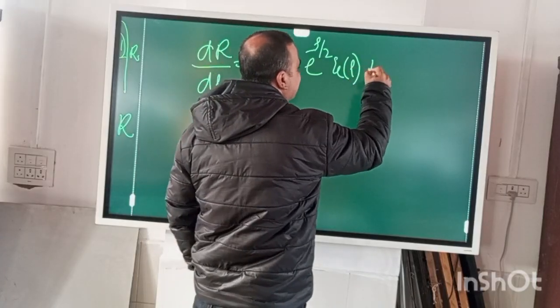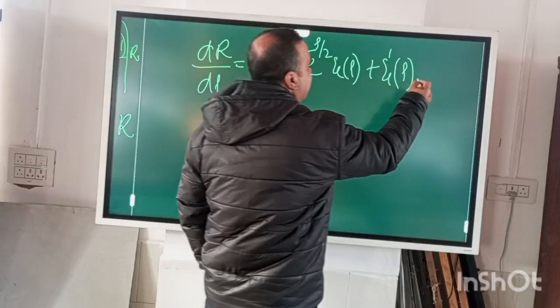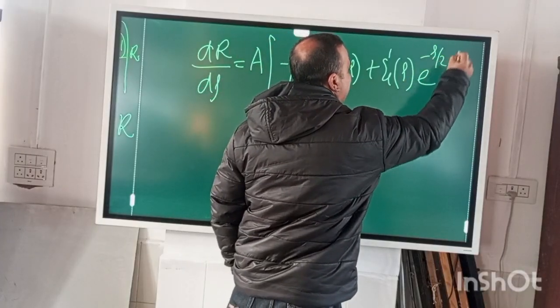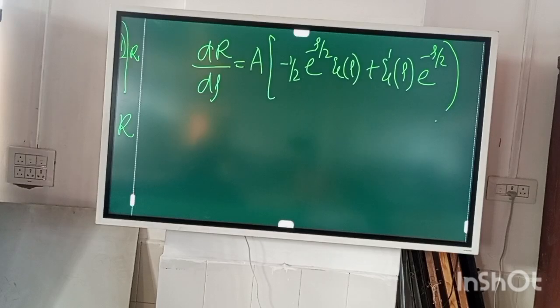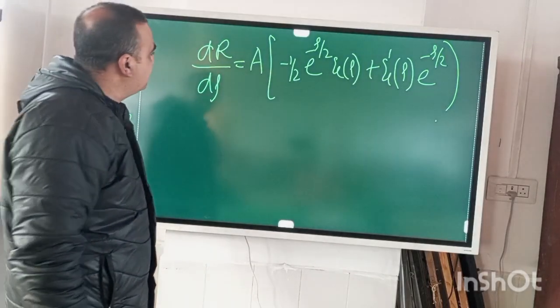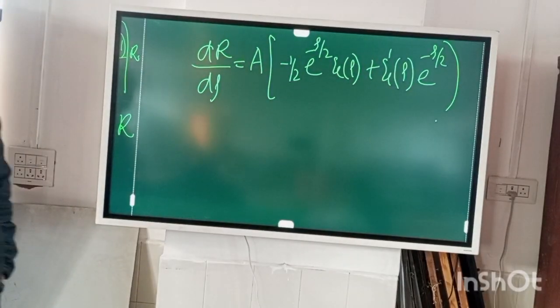Then I will have plus zeta dash of rho e to the power of minus rho by 2. Is it right? Yes? Okay. So this is our first derivative of the solution that we proposed to this differential equation.